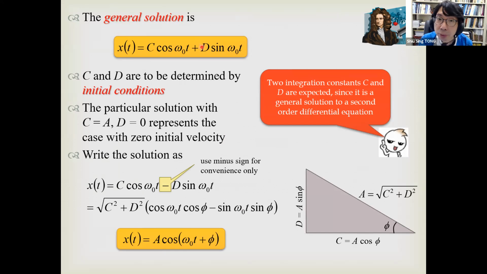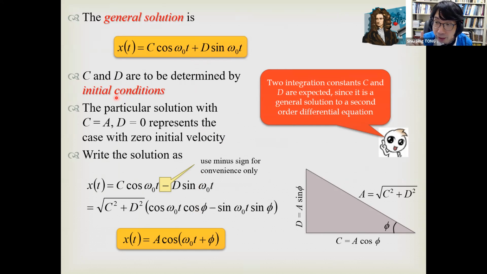So the general solution is given in this form, and we use these constants C and D before the cosine and the sine terms. You add them up together. Now, why are there two constants? Because we have two initial conditions for this problem. The first initial condition is, of course, the initial position, where the motion starts. Initially, where is the block, right?